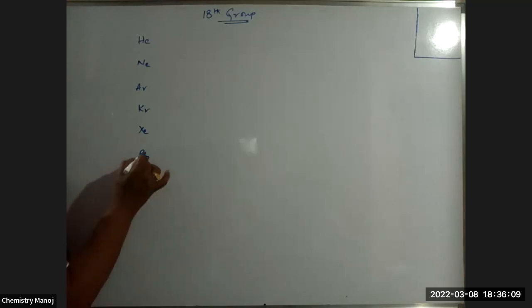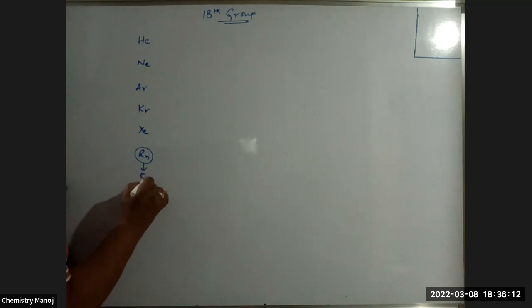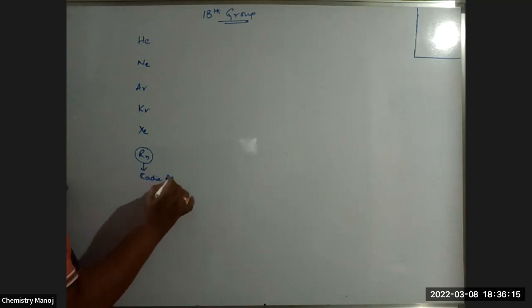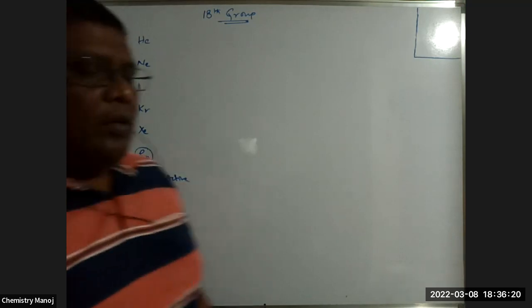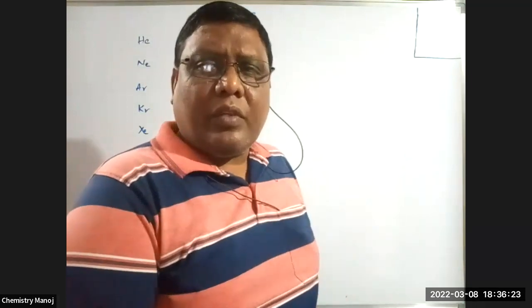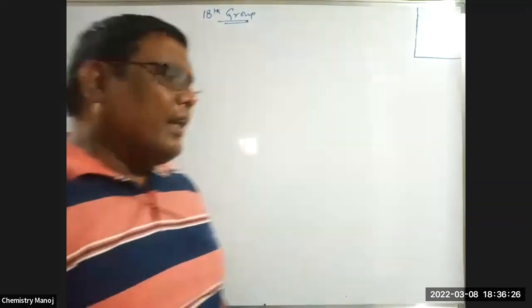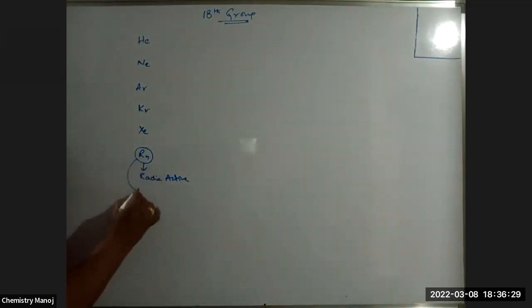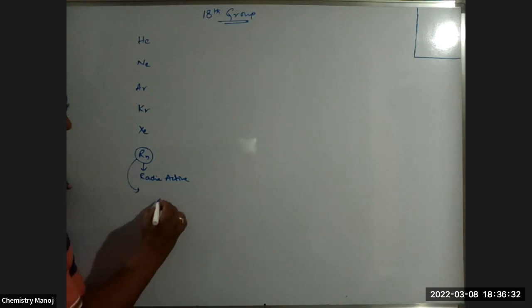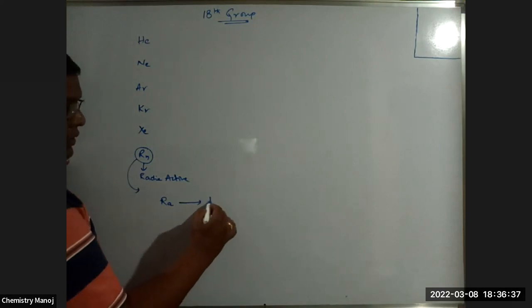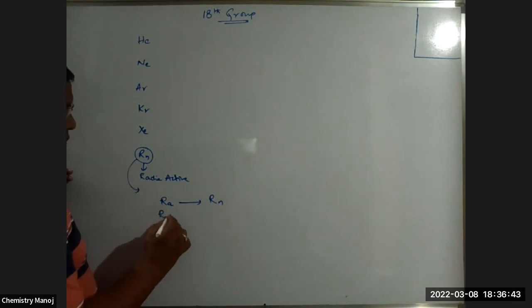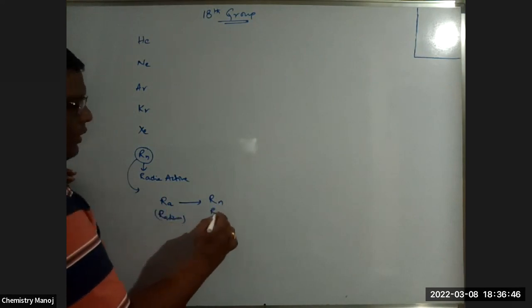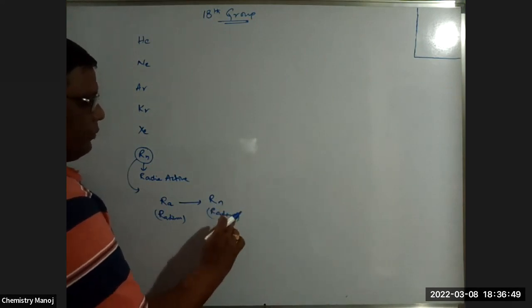No doubt, the last element radon is the radioactive element. It is generally available from radioactive disintegration of elements, particularly radium. Radium during disintegration gives radon.